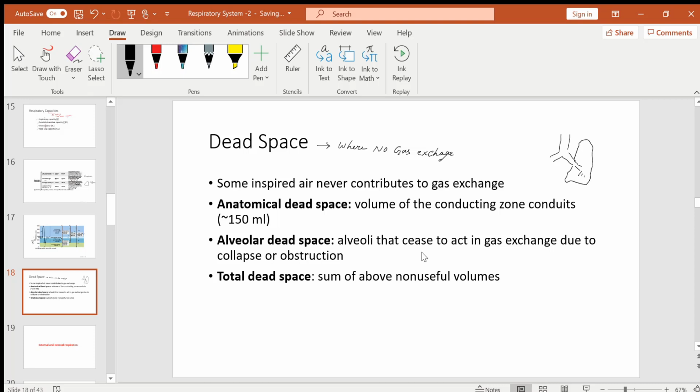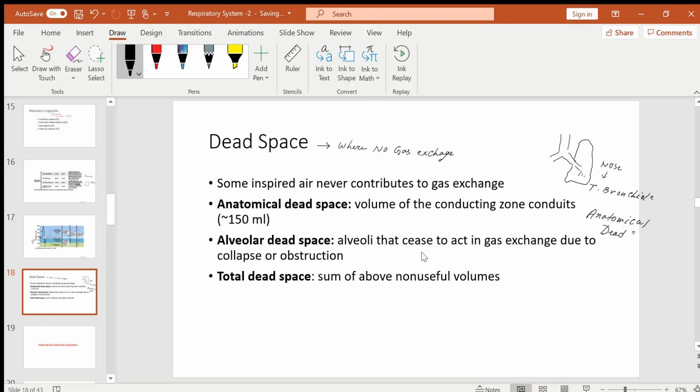From the nose all the way to the terminal bronchioles, all these structures are only for the passage of gas, not for gas exchange. So this whole part is called the anatomical dead space because the structures are built that way. Anatomical dead space because they are not built for gas exchange. So no gas exchange occurs.